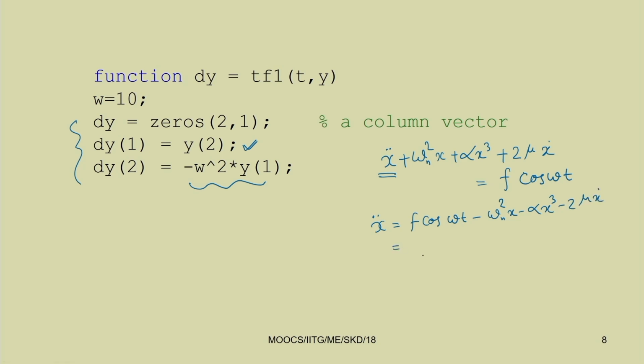Here, you have to substitute, this is equal to f cos omega t minus omega n square, for x, x equal to your y1, so minus alpha x cube, this becomes y1 whole cube, you can put whole cube. So, minus 2 mu for x dot, it is equal to y2. So, this way you can write your function 2.